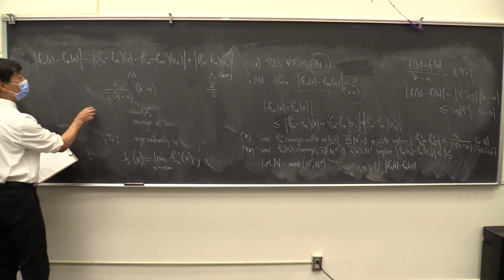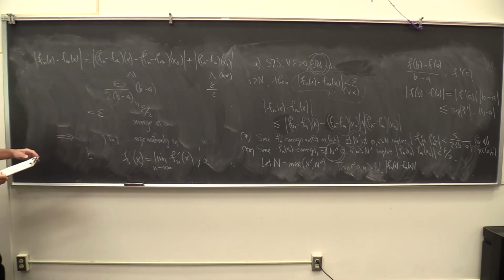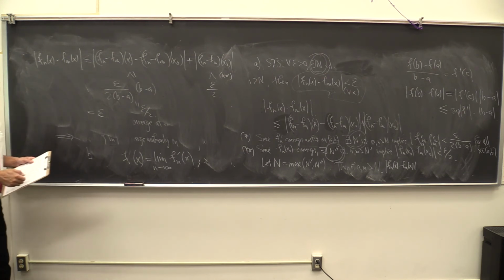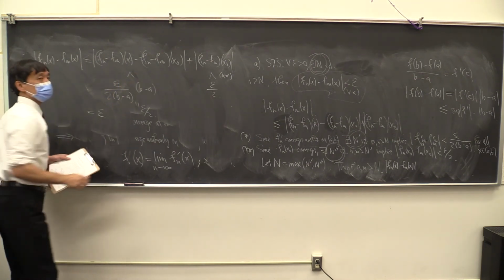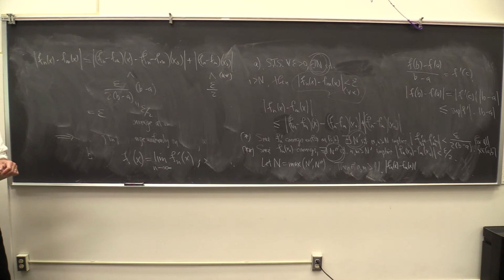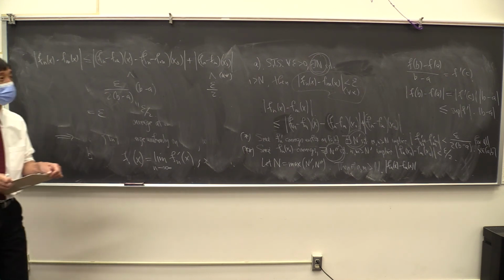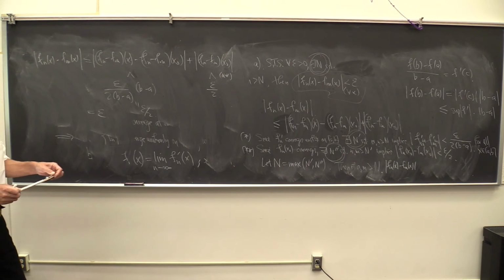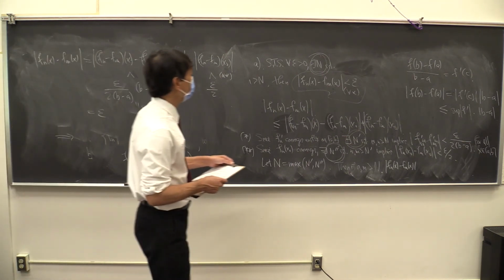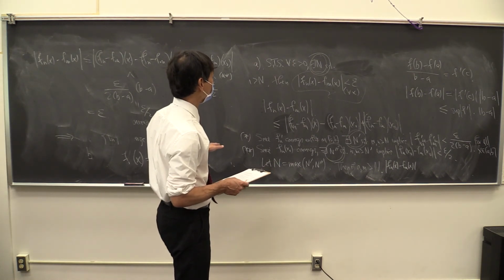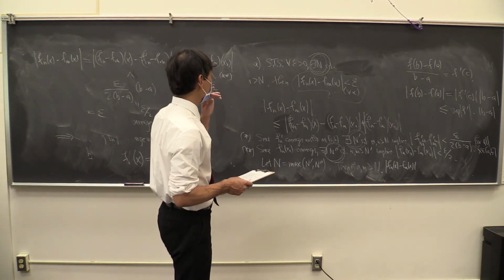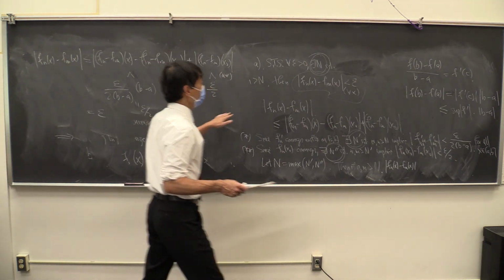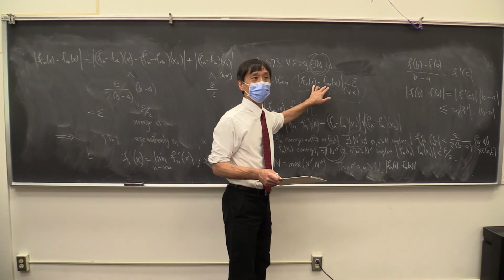And so we get the bound that we wanted. Okay, so what you see is that the original functions are uniformly convergent.